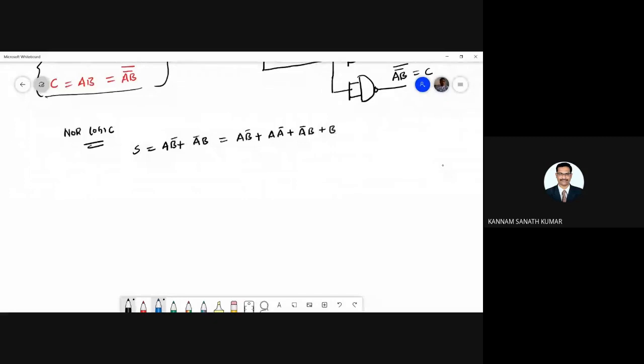That means I added two zeros. So 0 I can write as A into A bar and 0 I can write as B into B bar. Wherever I have 0, I replace it with A into A bar and B into B bar.